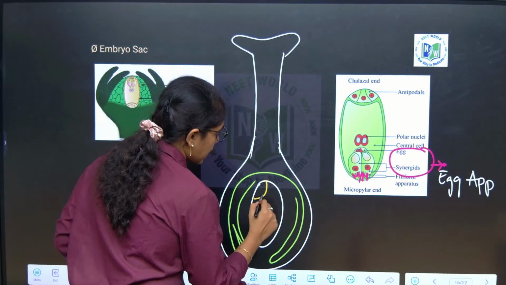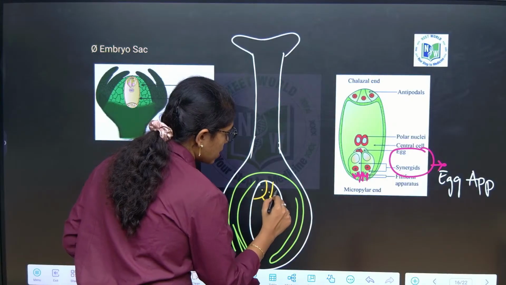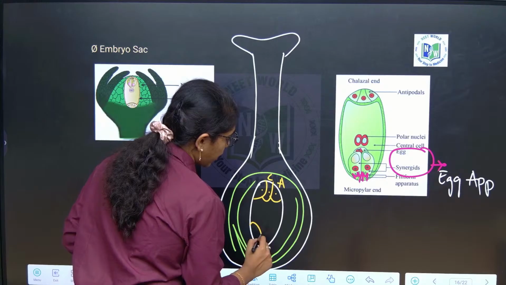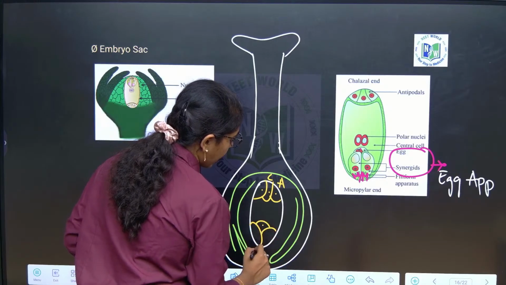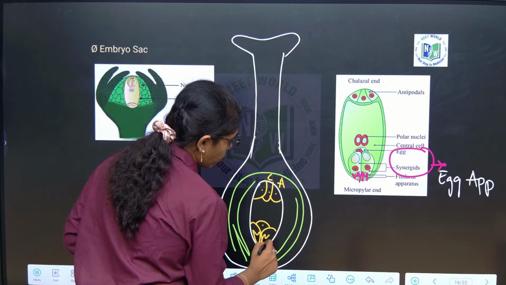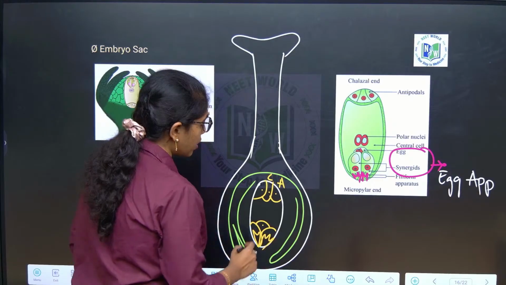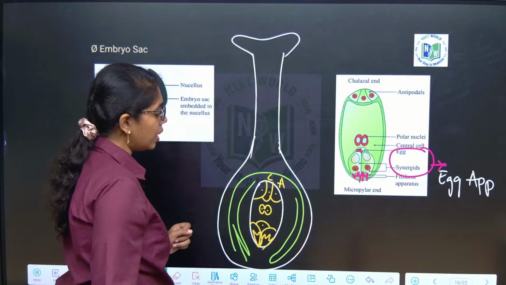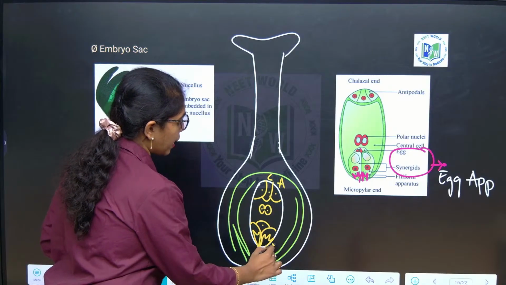At the chalazial end you have 3 antipodal cells, and at the micropylar end you have the egg and 2 synergids with filiform apparatus, and at the center you have a central cell. This is the micropylar end.